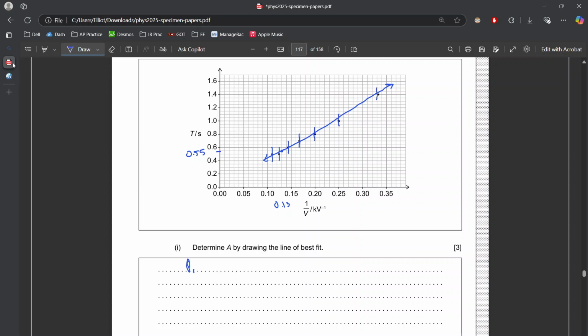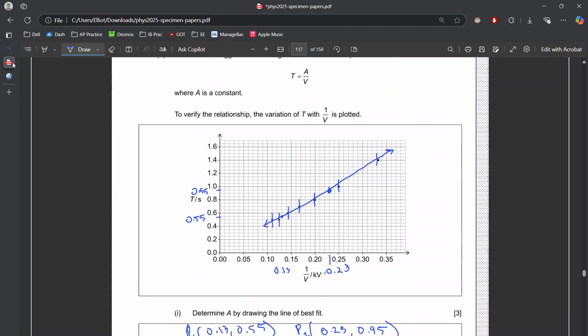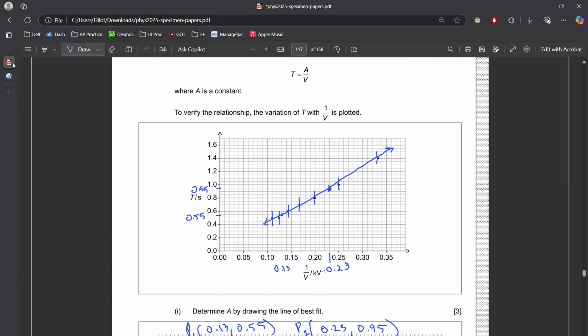So P1 is equal to 0.13, 0.55, and then P2 is going to be another convenient point. This one looks good. This is 0.23, and then here 0.95. So 0.23 from a 0.95, right?